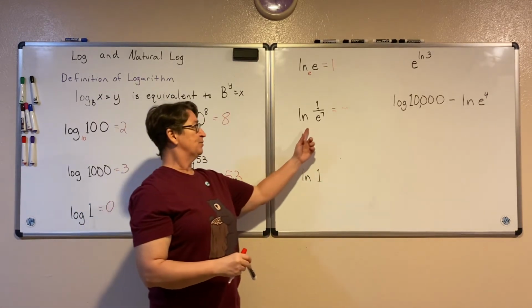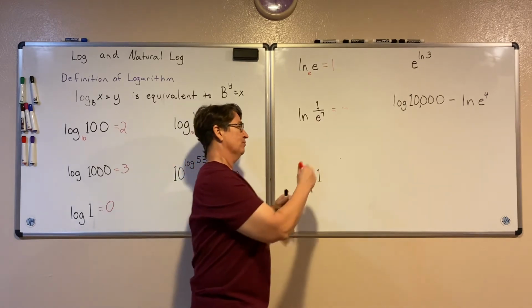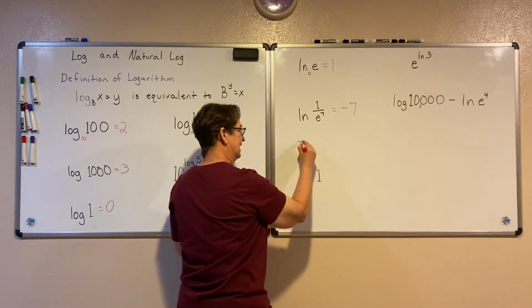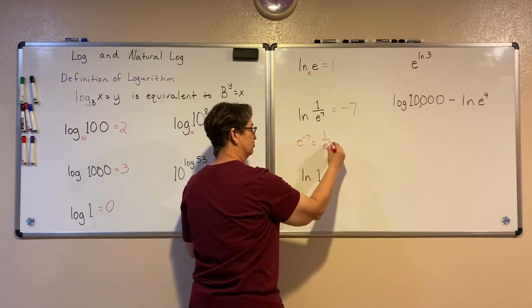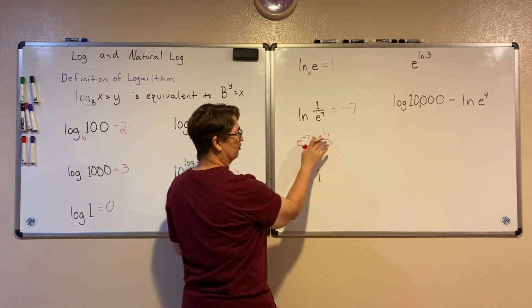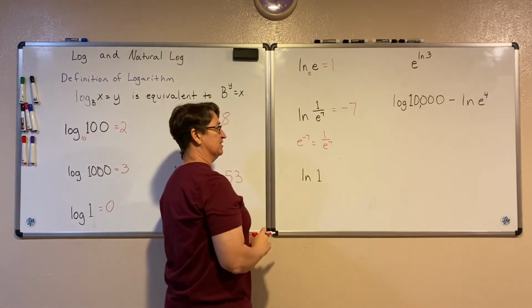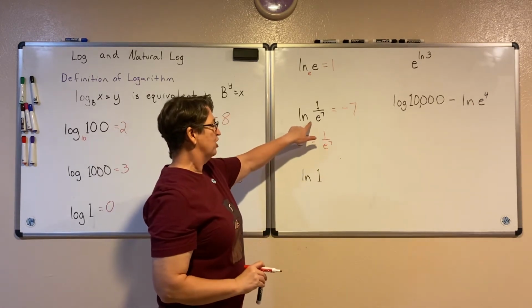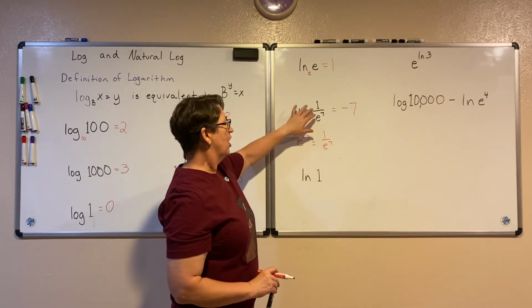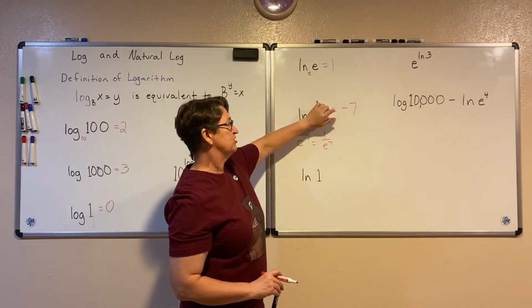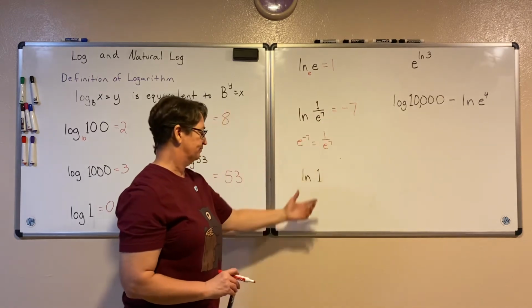Then e is being raised to the 7th power. So e to the negative 7 would give me 1 over e to the 7th. The negative would reciprocate it, and then that 7 is there. So there's just an understood base of e. The natural log of 1 over e to the 7th is just equal to negative 7.